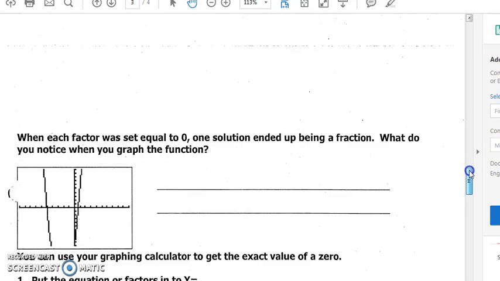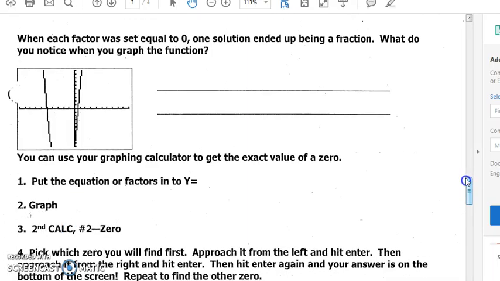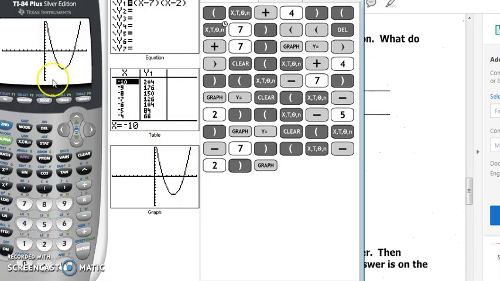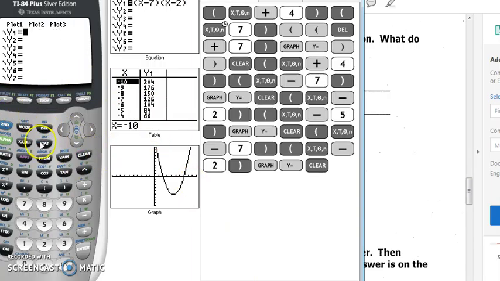And then you're going to go to the graphing calculator and type that in. So go to your graphing calculator, go to y equal. We're going to type in the equation.